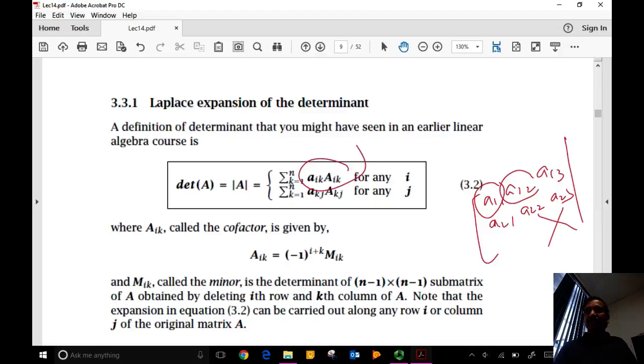You can do the expansion along any row or any column, but you take that row and strike that row and column, and what is left is a submatrix. Okay? You find the determinant of that. So you have delegated this algorithm to a recursive one, where you need to keep calling to find the determinant of A. You need to find the n determinants of n-1 by n-1 submatrices.